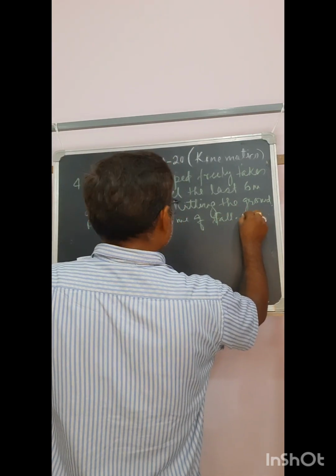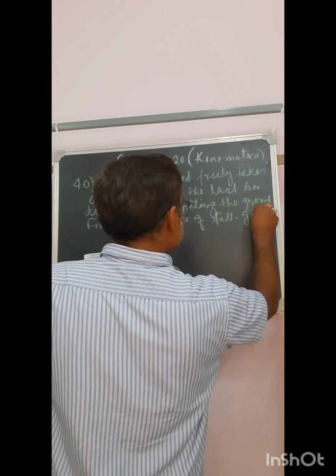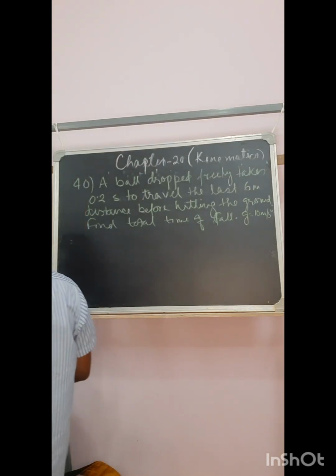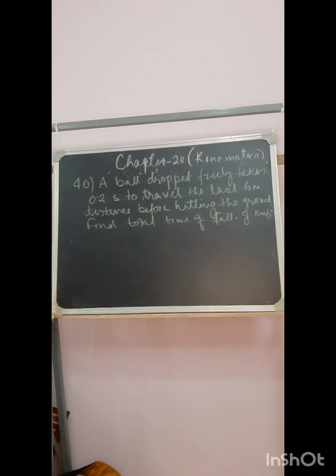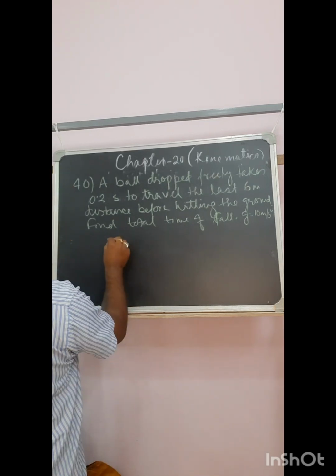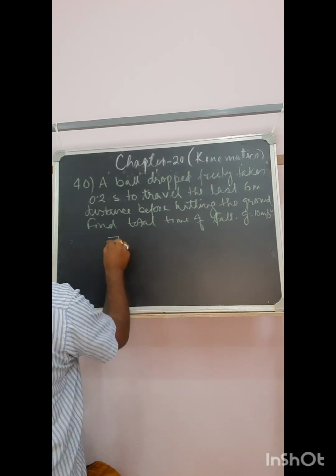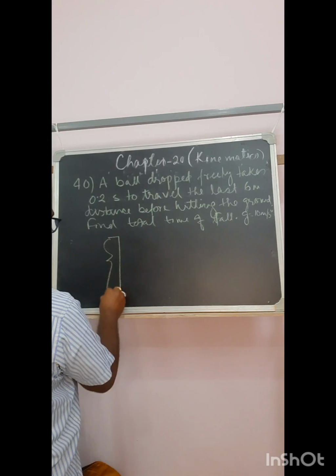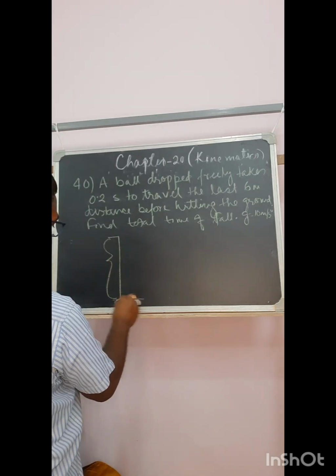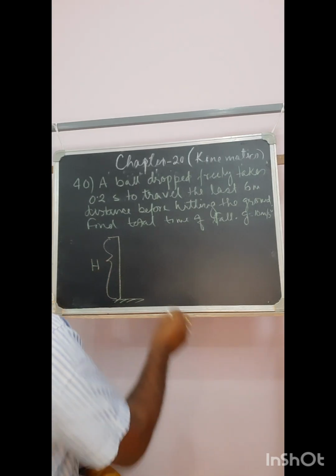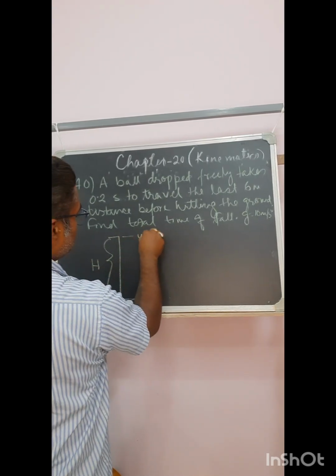Okay, so g is given as 10 meter per second square. A ball dropped freely, so that means it is at some height. We can assume the height from the ground as h. Freely means u is equal to 0.